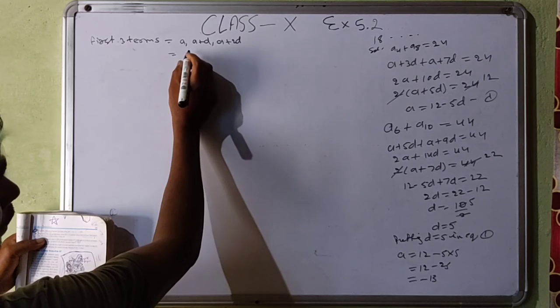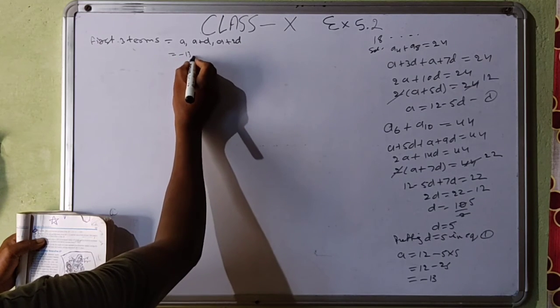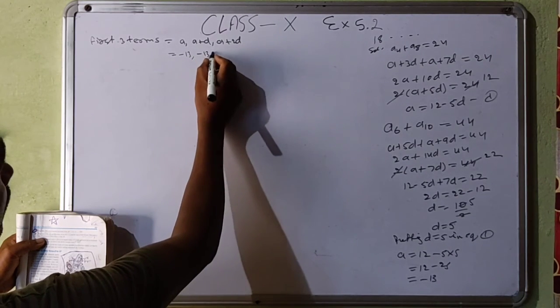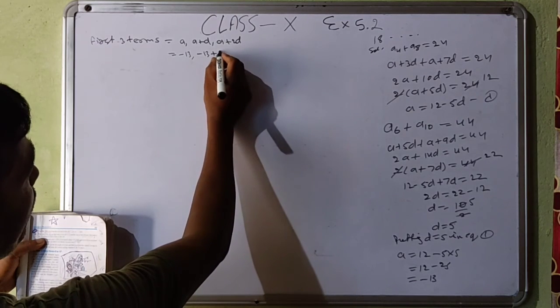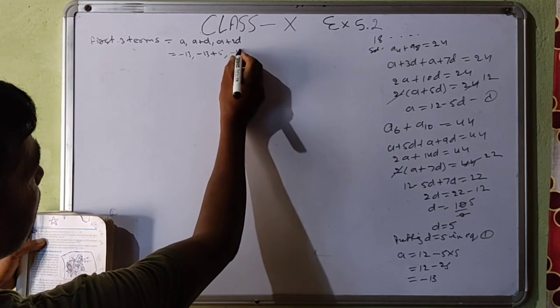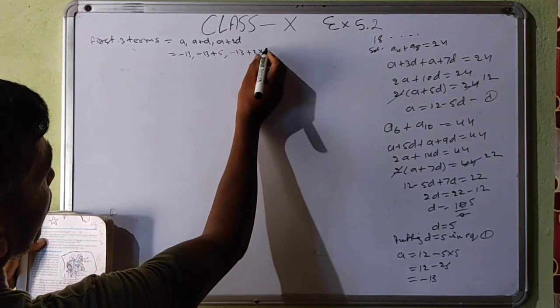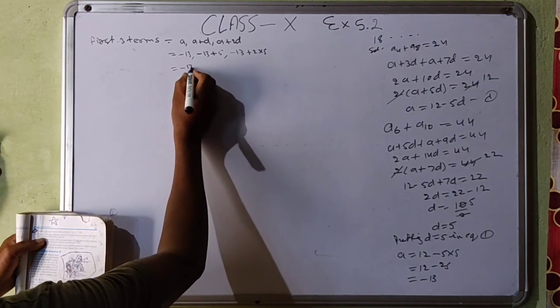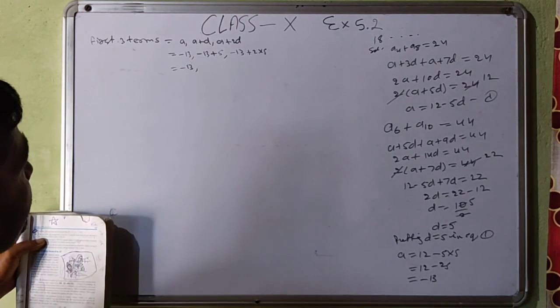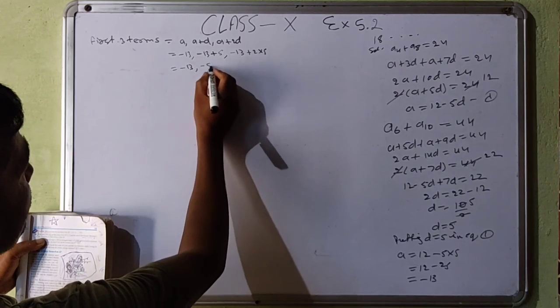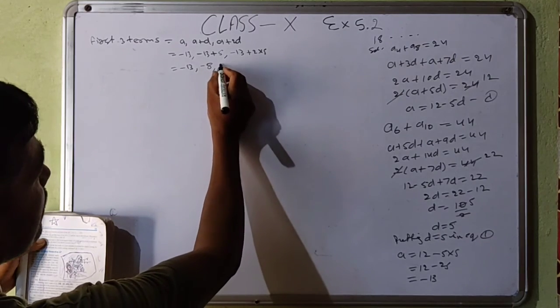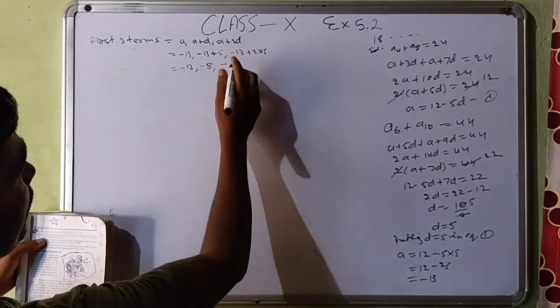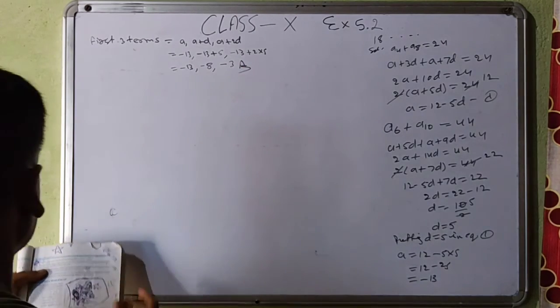So A value is minus 13, and then minus 13 plus D, where D is 5, and then minus 13 plus 2 into 5. That will be minus 13, then minus 8, and then minus 3. This is the answer.